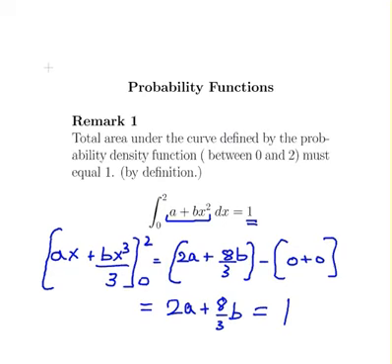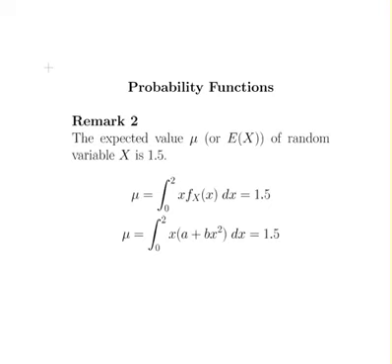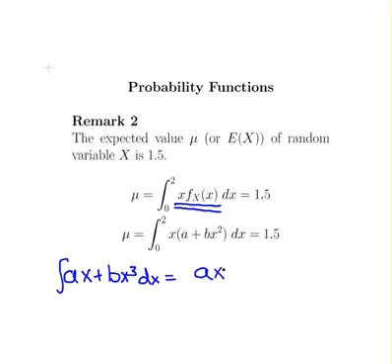We're going to do something similar now for the other remark. This is essentially the definition of how to compute the mean: x times the probability density function, and then you integrate that. So ax plus bx cubed, we integrate that, and we get ax squared over 2 plus bx to the 4 over 4. And apply the limits again, 2 and 0.